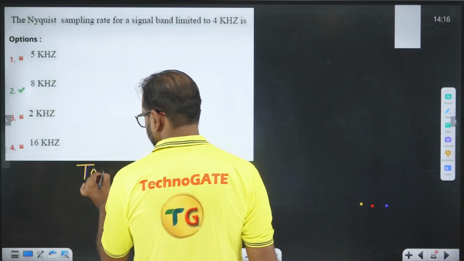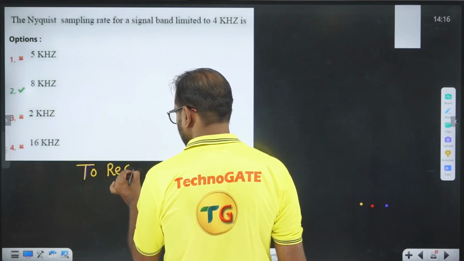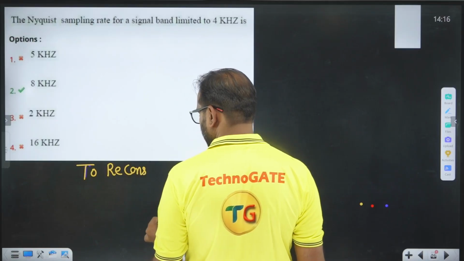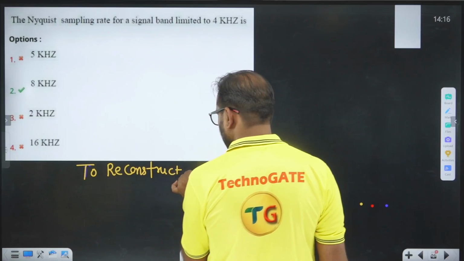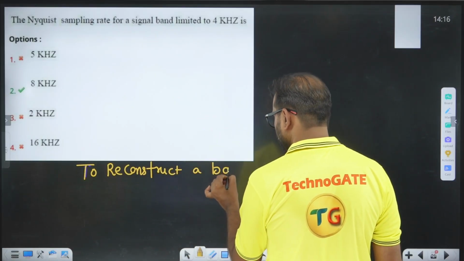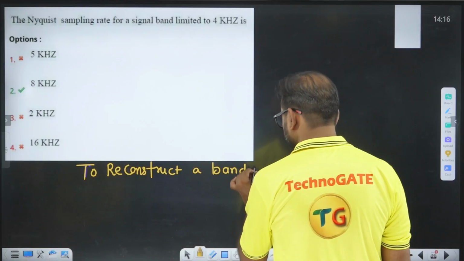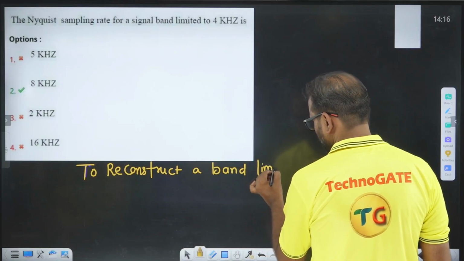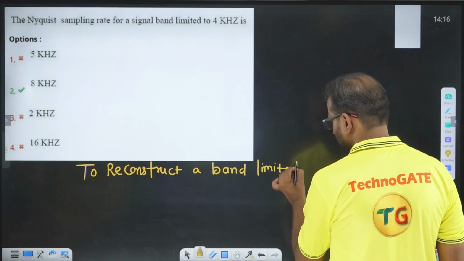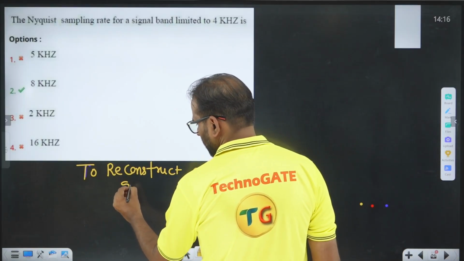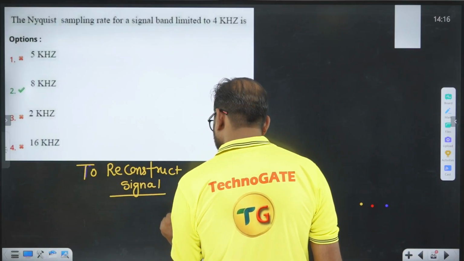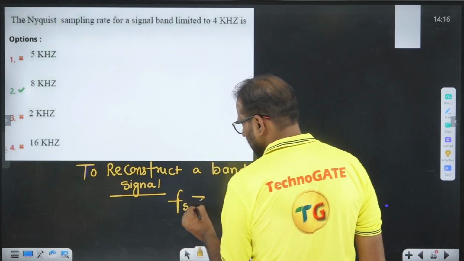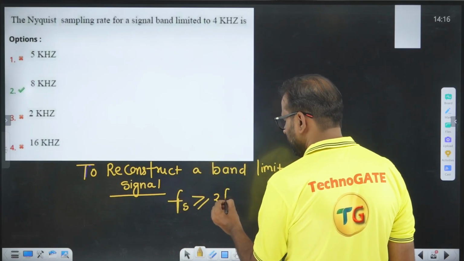To reconstruct a band limited signal, the sampling frequency must be greater than or equal to twice FM.